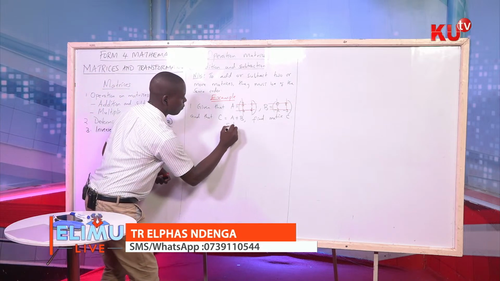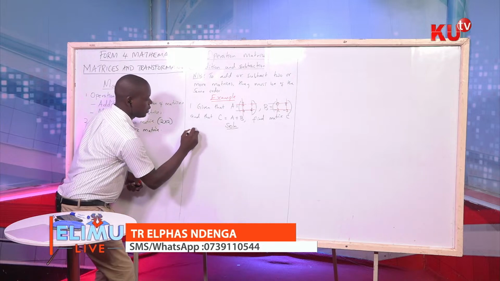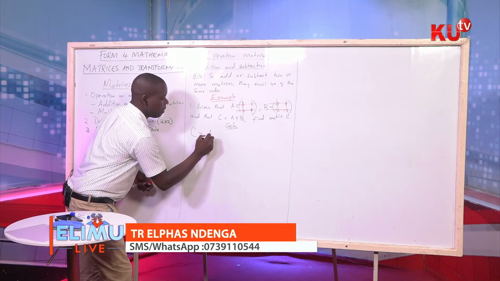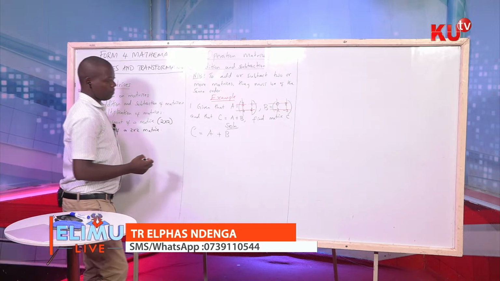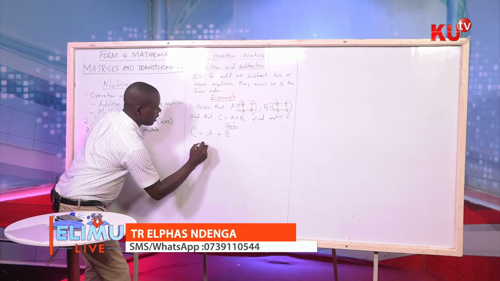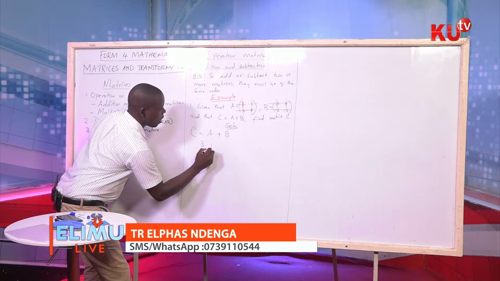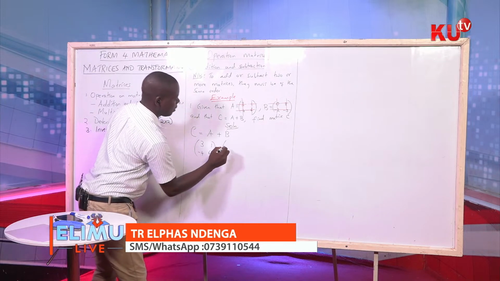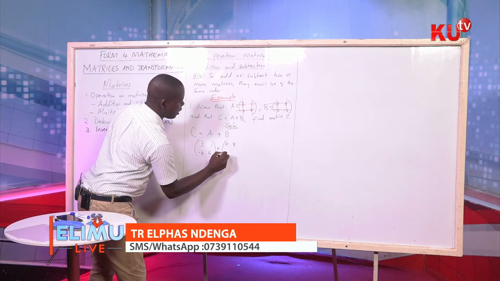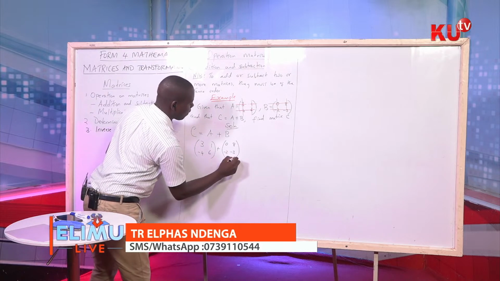Our solution: C is A plus B. Therefore, what is A? 3, 1, negative 4, 6. We add B, 0, 8, negative 2, negative 3.